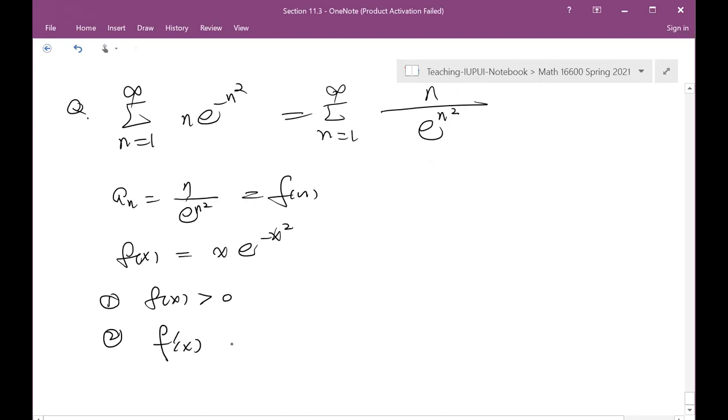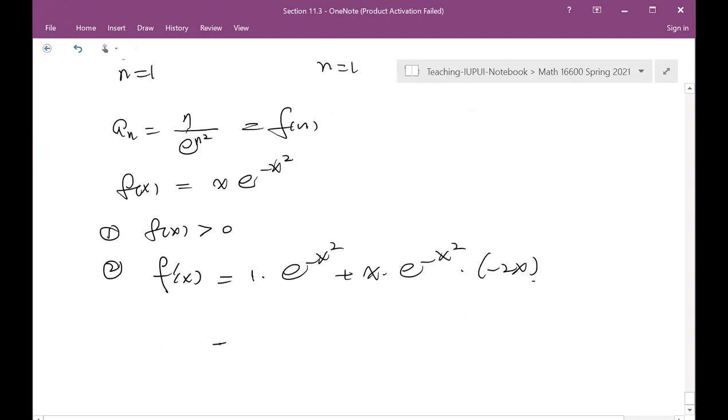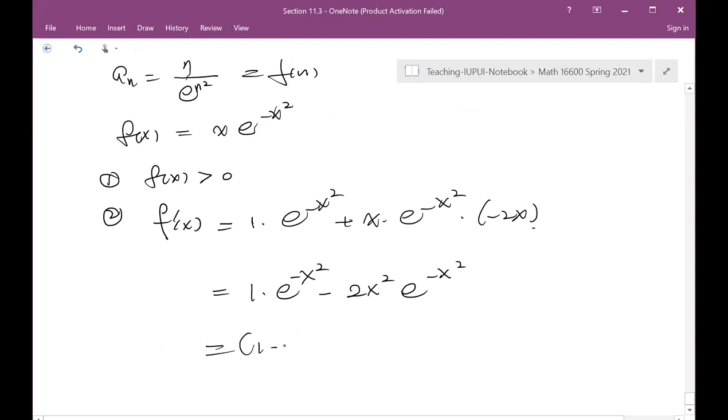So the derivative of this function. Use the product rule: 1 times e to the negative x squared plus x times e to the negative x squared times negative 2x. So I get 1 minus 2x squared, times e to the negative x squared.